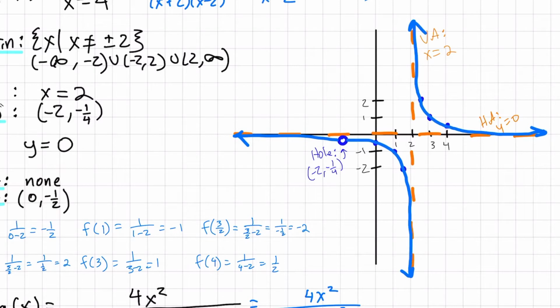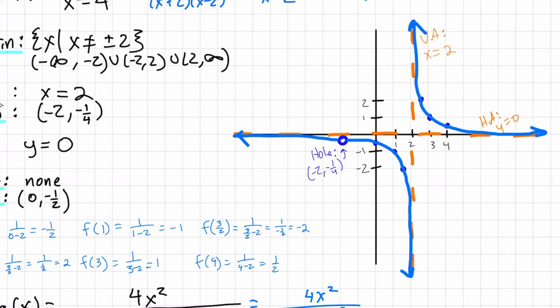One note, it's okay for your pencil to touch these asymptotes. If you want to find out how close they are, I could plug in a 9 and see where it is.